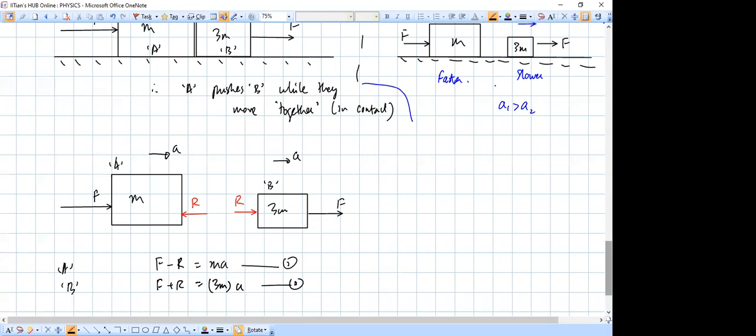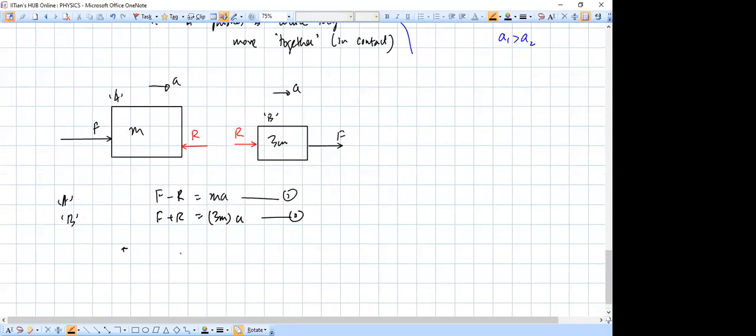If you add the two equations, you will get 2F is equal to m plus 3m into A. So the magnitude of that common acceleration will become 2F by 4m, F by 2m.